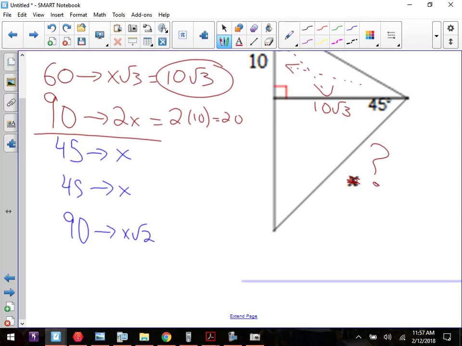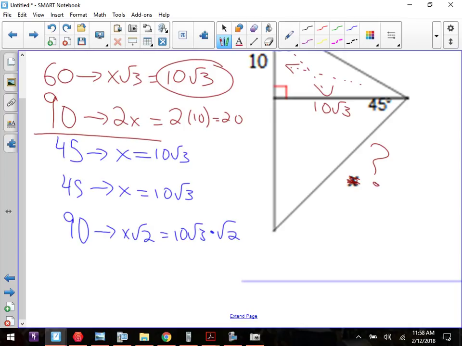So it's across from a 45, which means the 45 is looking at a side length, which is 10 root 3, which is 10 root 3 times the square root of 2. Which one of those do I need to press into my calculator? The 90, yeah. And you quite literally type it in just like that.